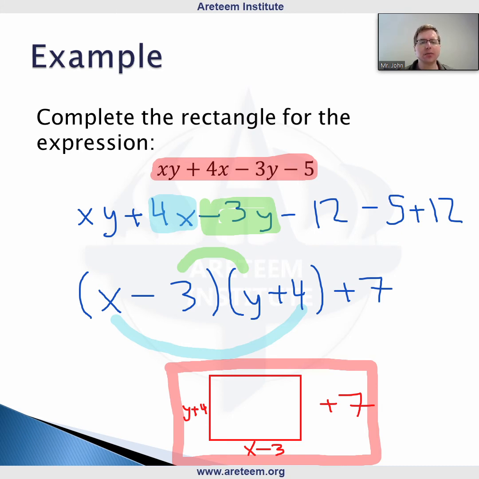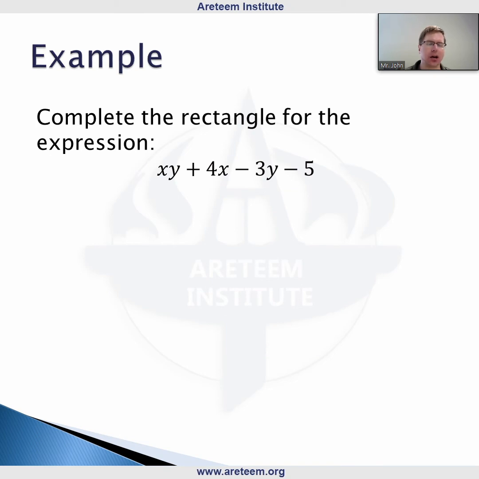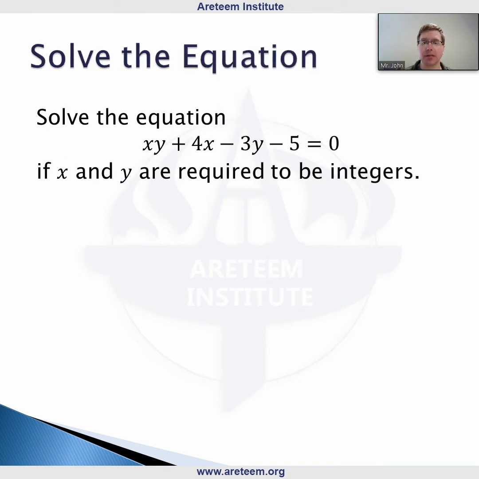Now, this has been purely algebra so far. So what if we look at this in our big example of the day, which is going to be doing this to solve an equation? Just starting where we left off, let's not forget all of the work we just did on the previous page.